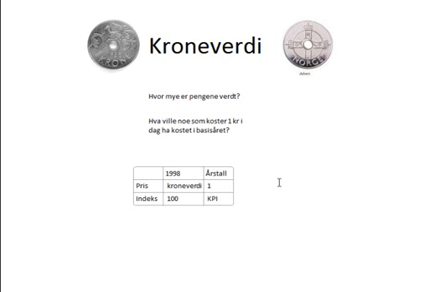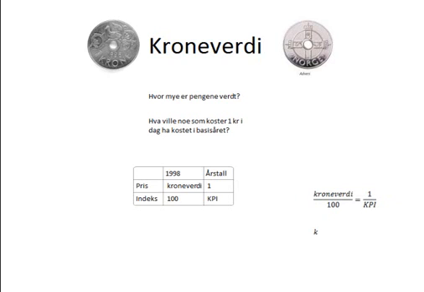So from this we can make an equation. In the equation we must have kroneverdi over 100 equals 1 over consumer price index. And solving this for the kroneverdi, we need to multiply each side with 100.